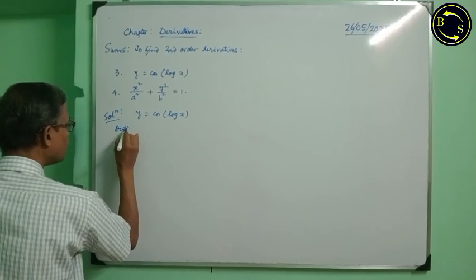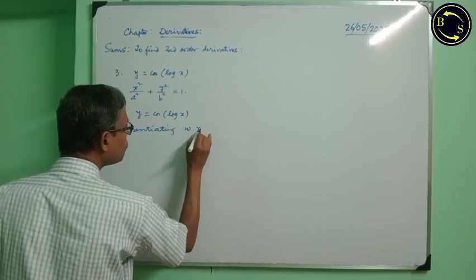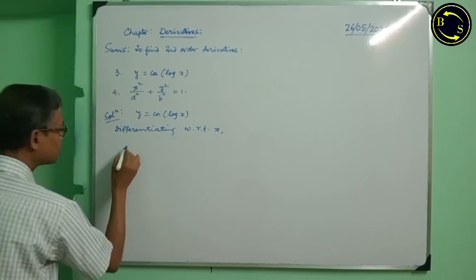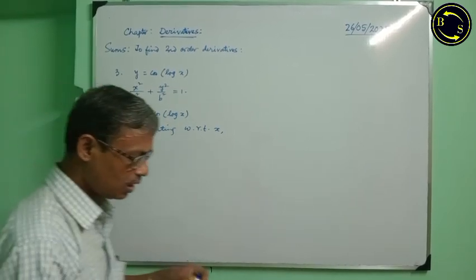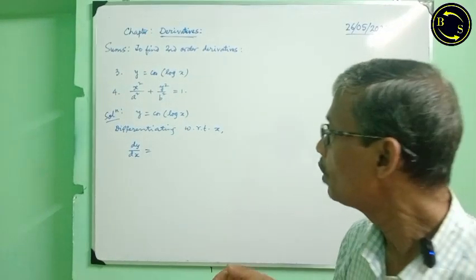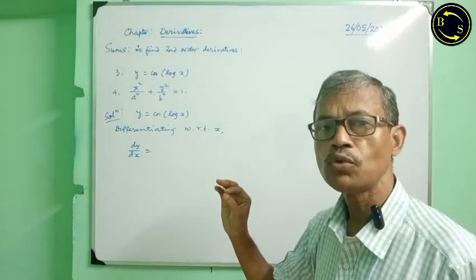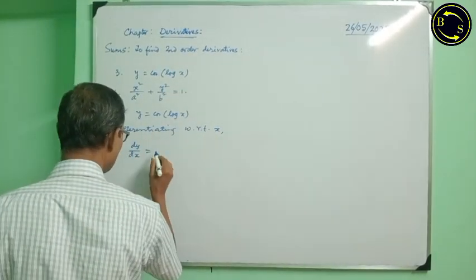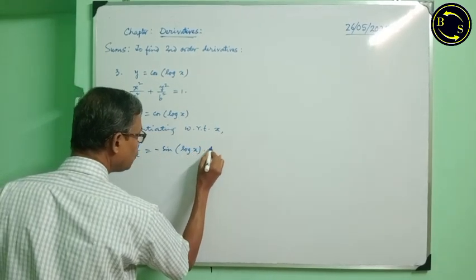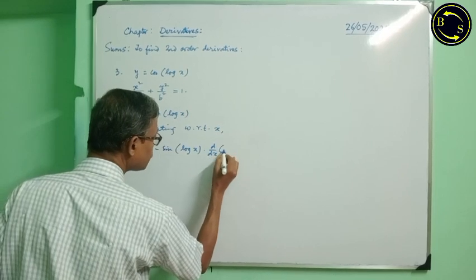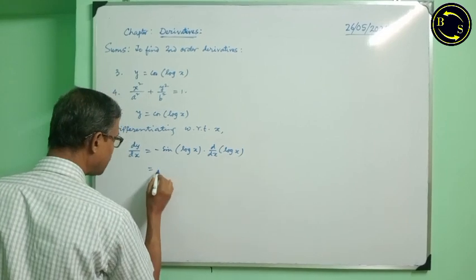Differentiating with respect to x, the left side will be dy/dx. Now on the right side, cos of log x is cos u form where u equals log x. Therefore, we first differentiate cos u with respect to u, that means it will be minus sin of log x into d/dx of log x, that is 1/x.